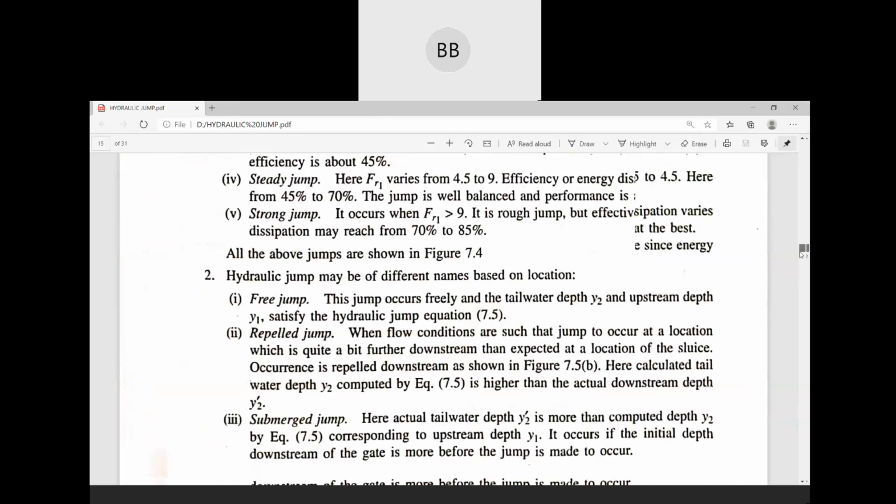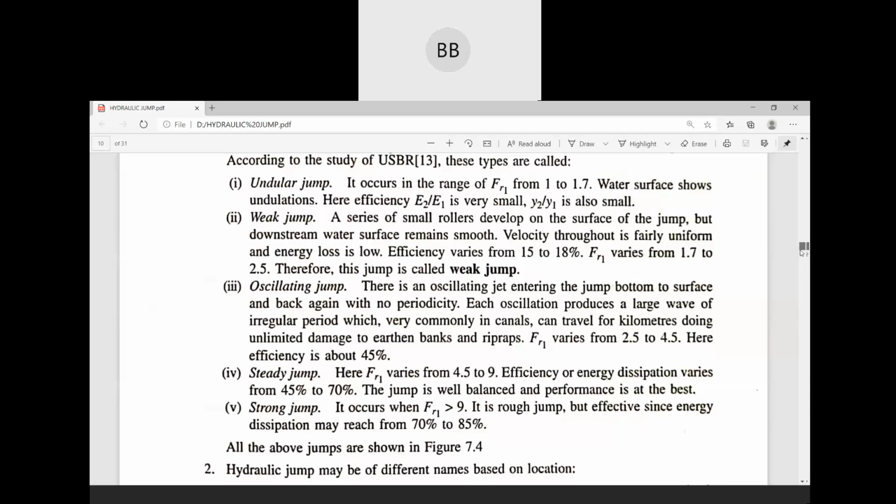So here, if you see, for a steady jump, your Fr1 varies from 4.5 to 9, and efficiency is also from 45 to 70%. So we got an efficiency of 45.5%, so it's a steady jump.